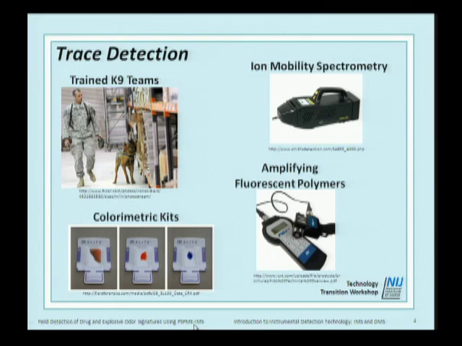Amplifying fluorescent polymers are polymers that have chromophores linked in a molecular wire. And when they come into contact with an analyte such as TNT, the fluorescence will quench and you can see a response. But because they're chained in this molecular wire, you can have a small amount of analyte produce enough signal.